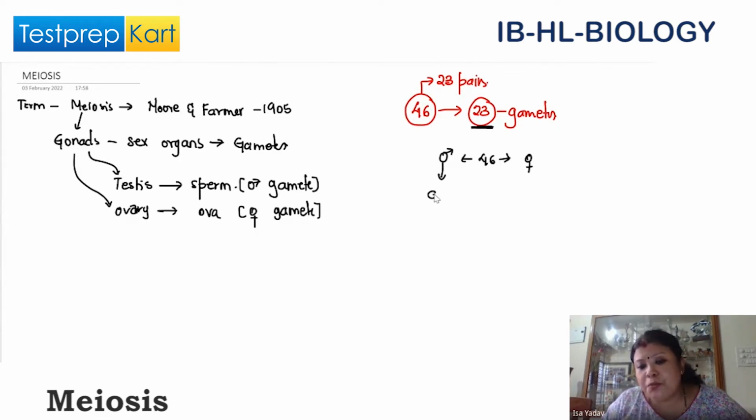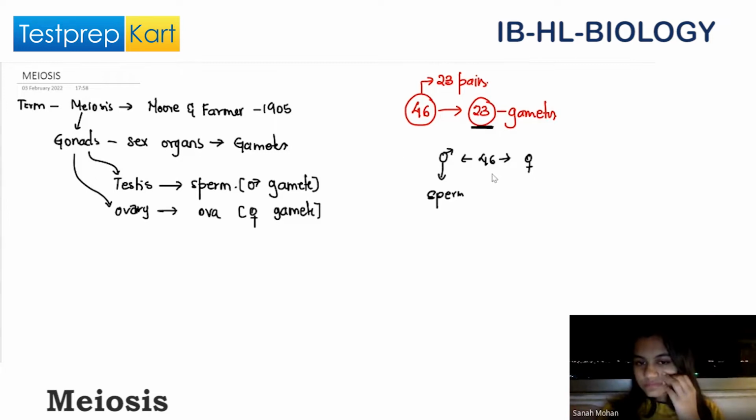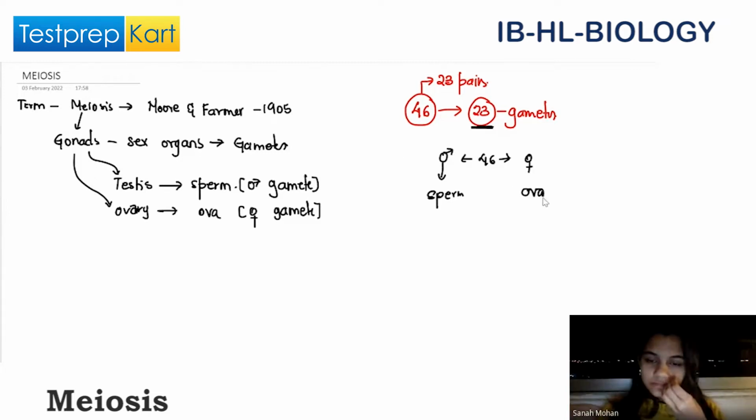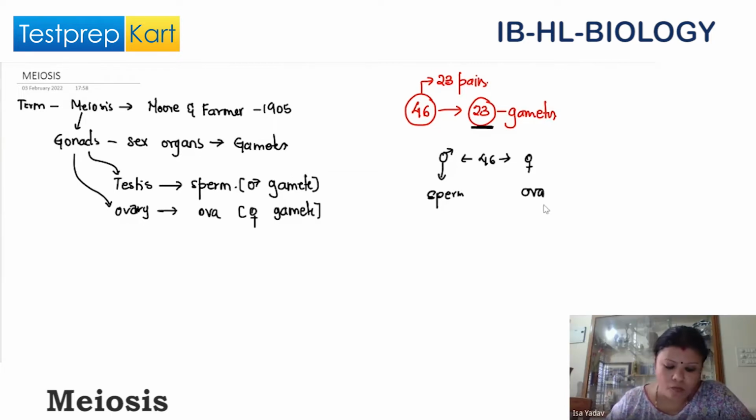Male will produce sperm. Female will produce ova.